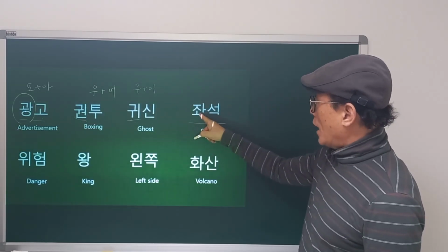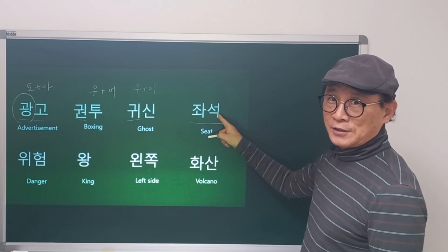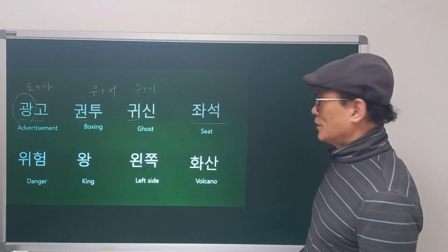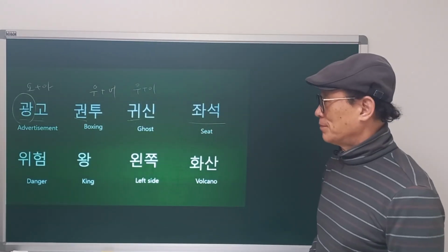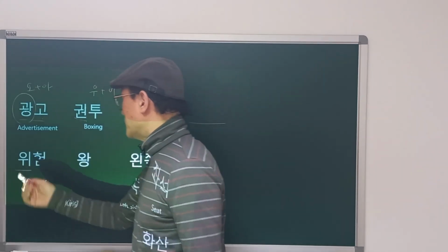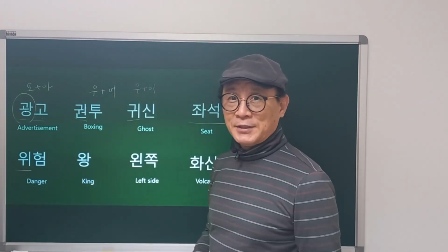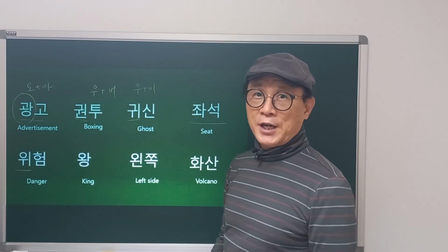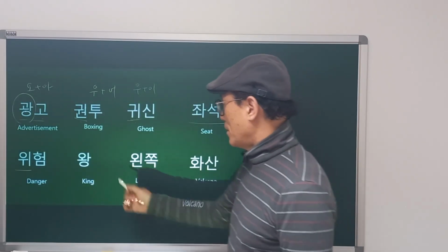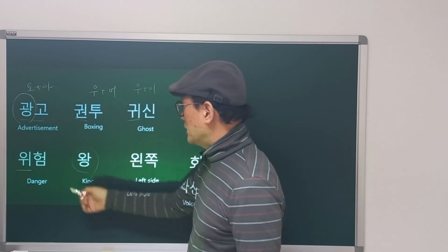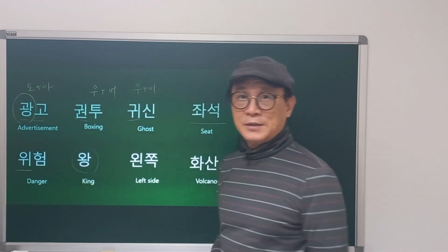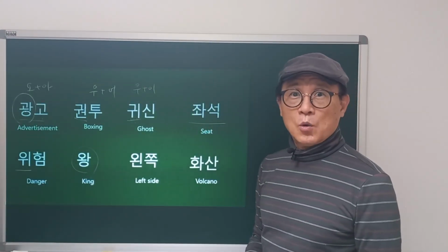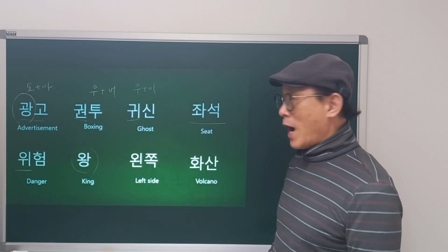So 와. 좌석. Same as this. So we. Danger. How about this? Same as this. 왕. O plus A. 왕. Okay.